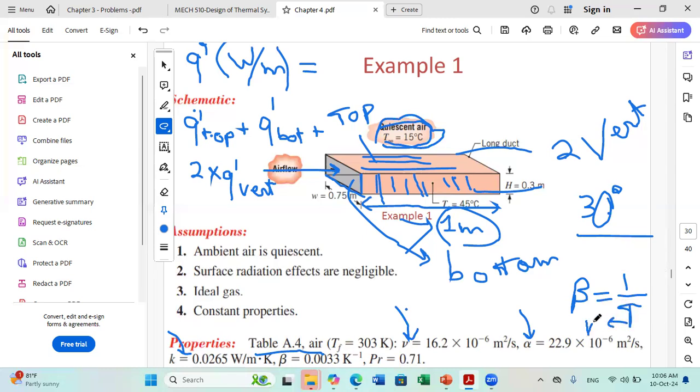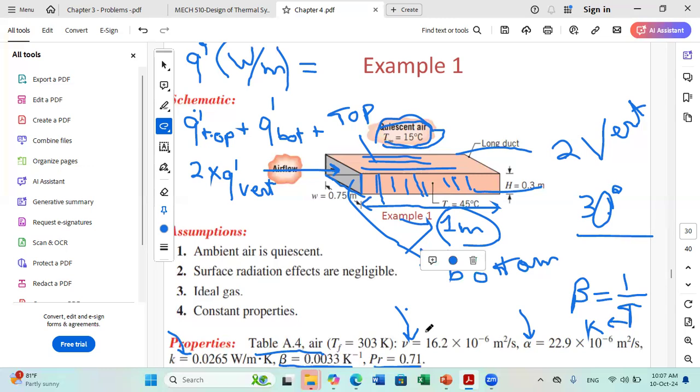So for example, 30 degrees is 303 Kelvin, you do 1 over 303, you get the value of beta. And also you can read from your table the value of the Prandtl number. We have already seen what the Prandtl number is: it's the ratio of mu over alpha. So if you divide mu by alpha, you will get the Prandtl number.